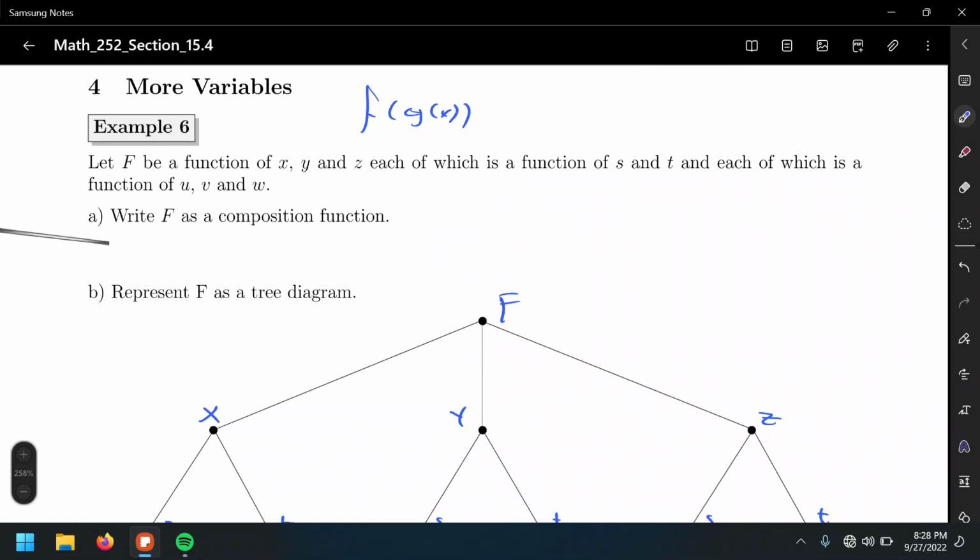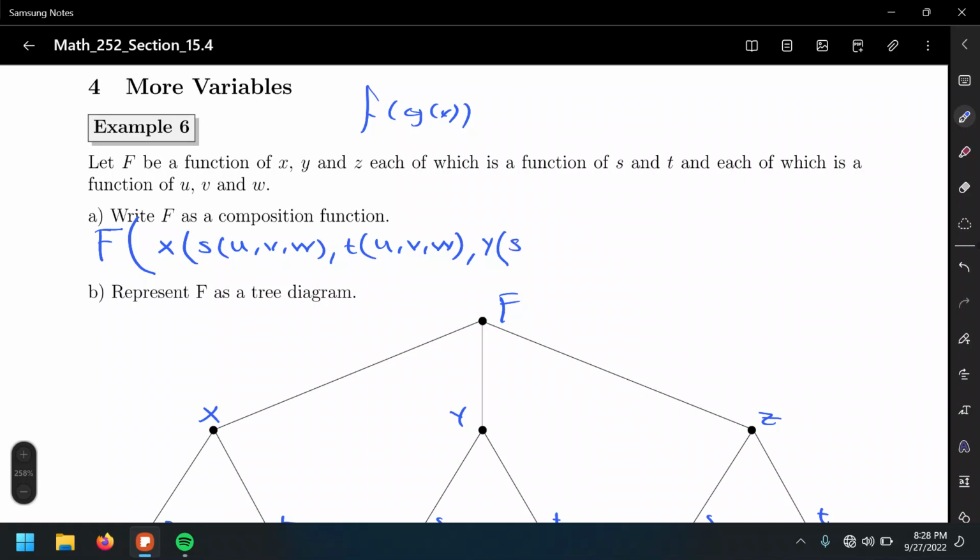So number one, this big F depends on x, which at the same time depends on s, which depends on U, V, W. And then the next one, X, depends on S and T, which both depend on U, V, W. Comma, Y, which also depends on S and T, which depend on U, V, W.